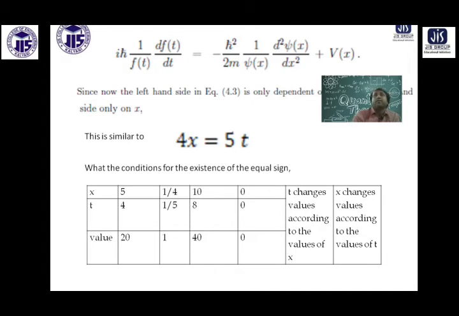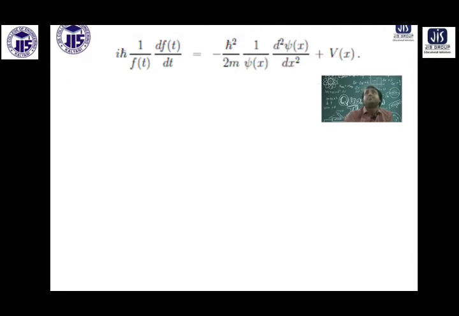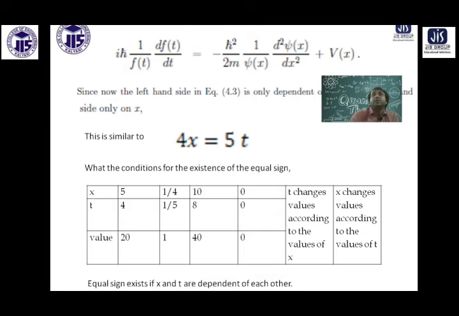Many options are there so that this equal sign exists. Normally it is telling that they should be constant. If you choose x equal to 5, t has to be 4, so that it gets 20. If x is 10, t has to be 8, so that it gets 40, like that.